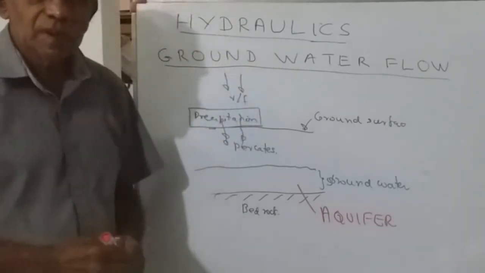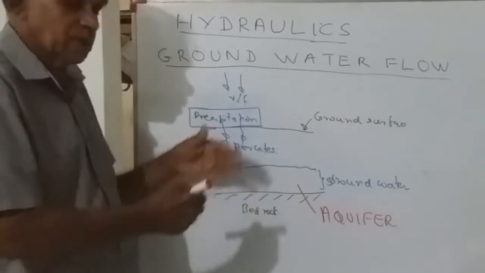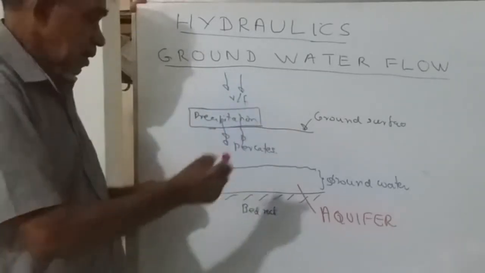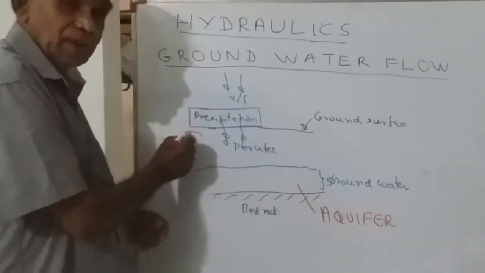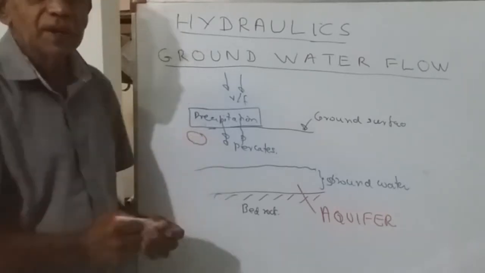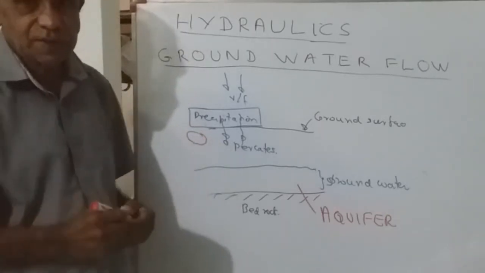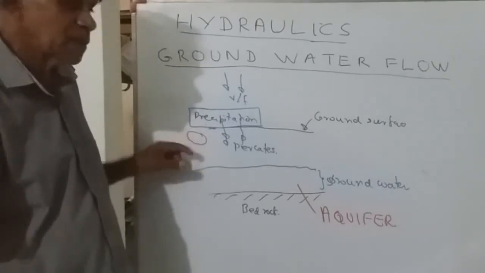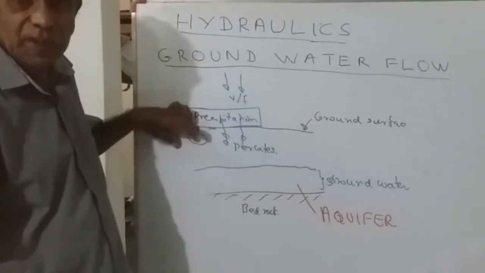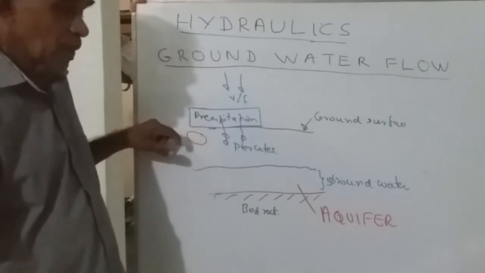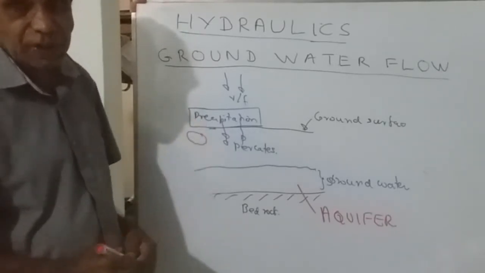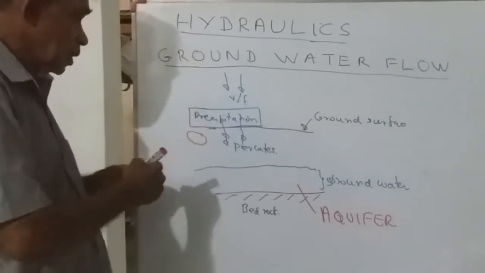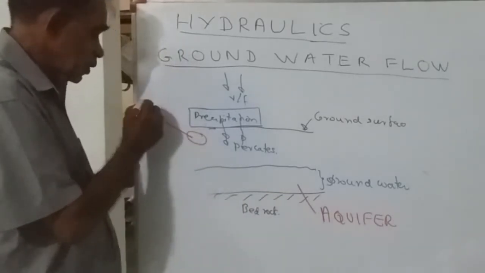Sometimes, when you take a cross section of the earth, you can see a mass of soil suspended inside the ground like this. Under capillary action and surface tension effects, some mass of water remains like this without going down, just in suspension. This kind of water is known as weather water.